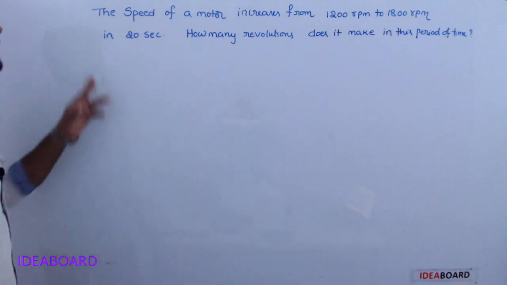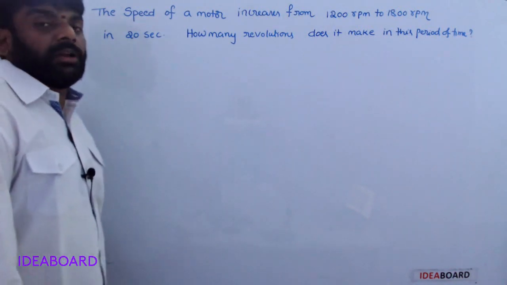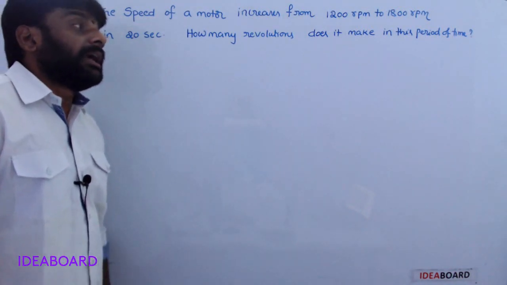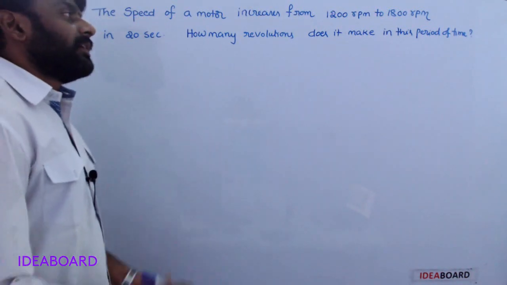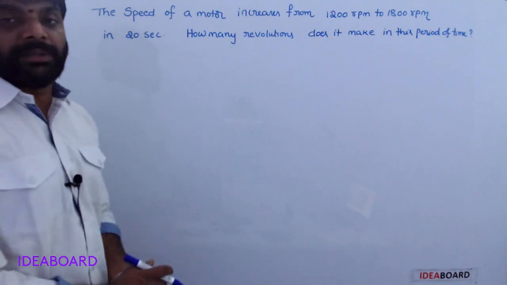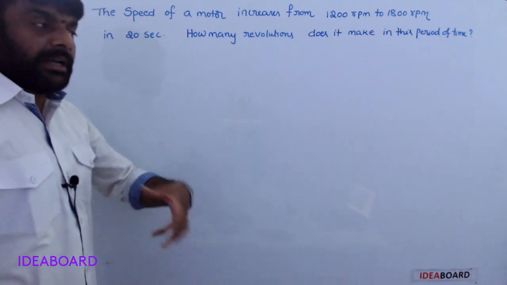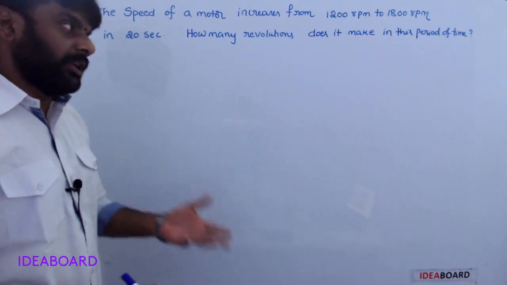So, problem. The speed of a motor increases from 1200 rotations per minute to 1800 rotations per minute in 20 seconds. How many revolutions does it make in this period of time? The required one is the total number of revolutions.